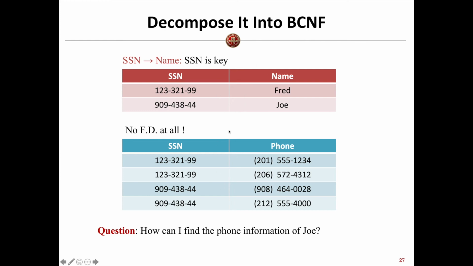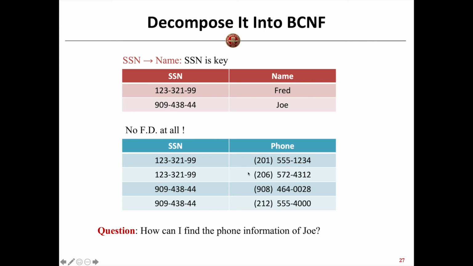How about the bottom one? We cannot find an FD for the bottom relation. According to the definition of BC normal form, if you still remember, whenever we can find an FD in a relation, we check its head. If we cannot find any FDs in the relation, then we can say it is in the BC normal form, right?